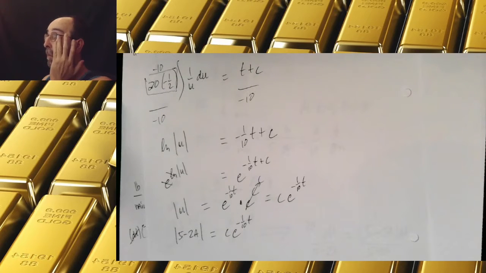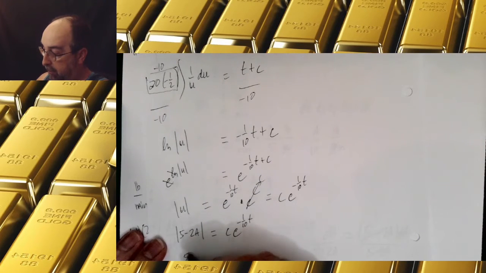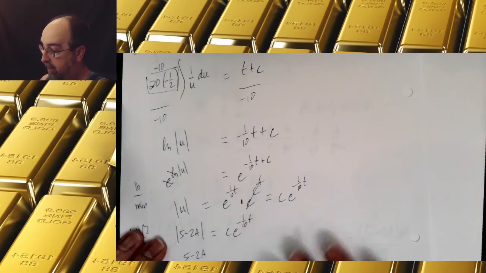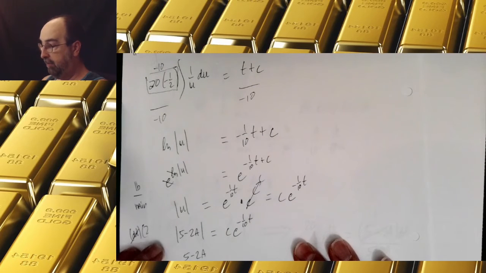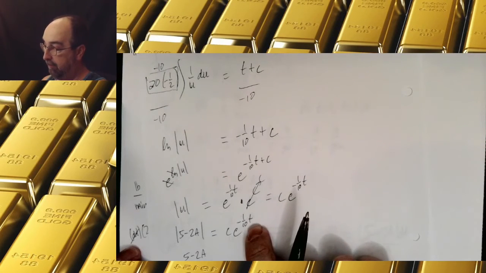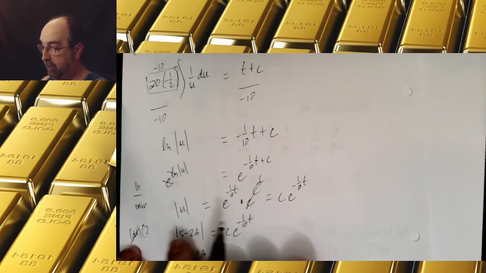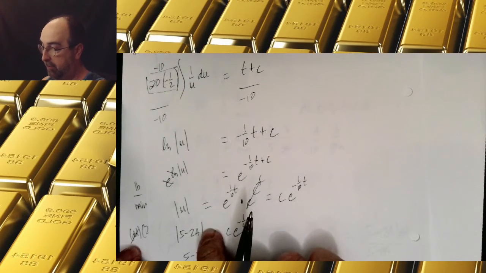Now, if we want to remove the absolute values, we would get 5 minus 2a, and then if that is always supposed to be positive, it turns out that, well, sorry, this expression could be positive or negative, but this expression could only be positive.